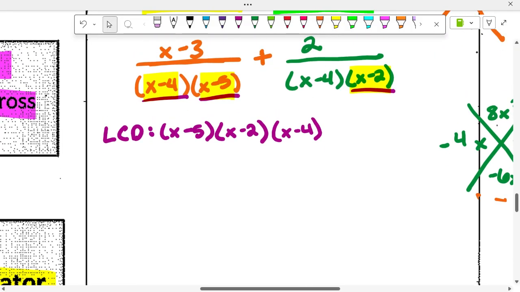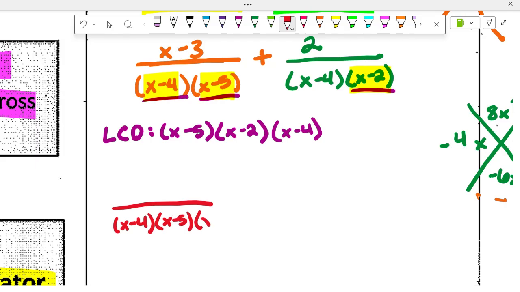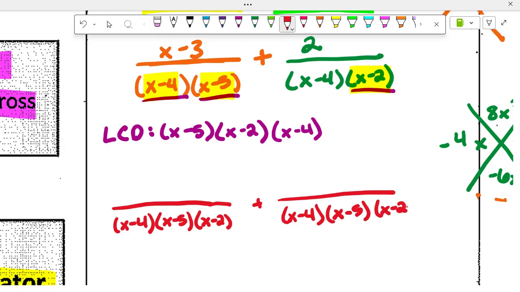Now, we've got to transform these so that they have these denominators. So x minus 4 times x minus 5 times x minus 2, plus x minus 4 times x minus 5 times x minus 2.